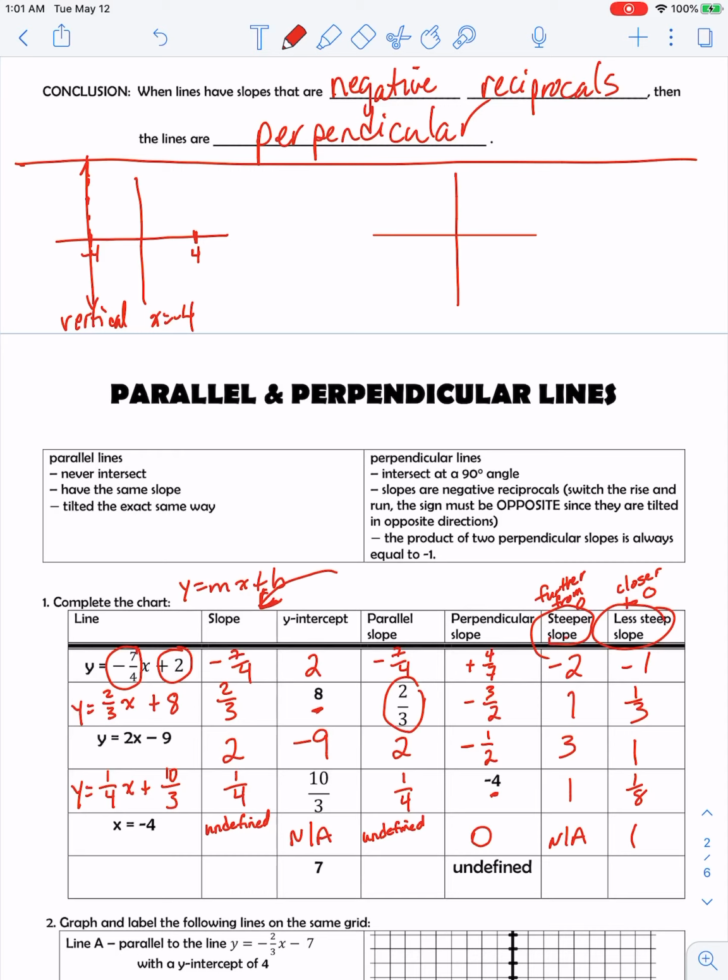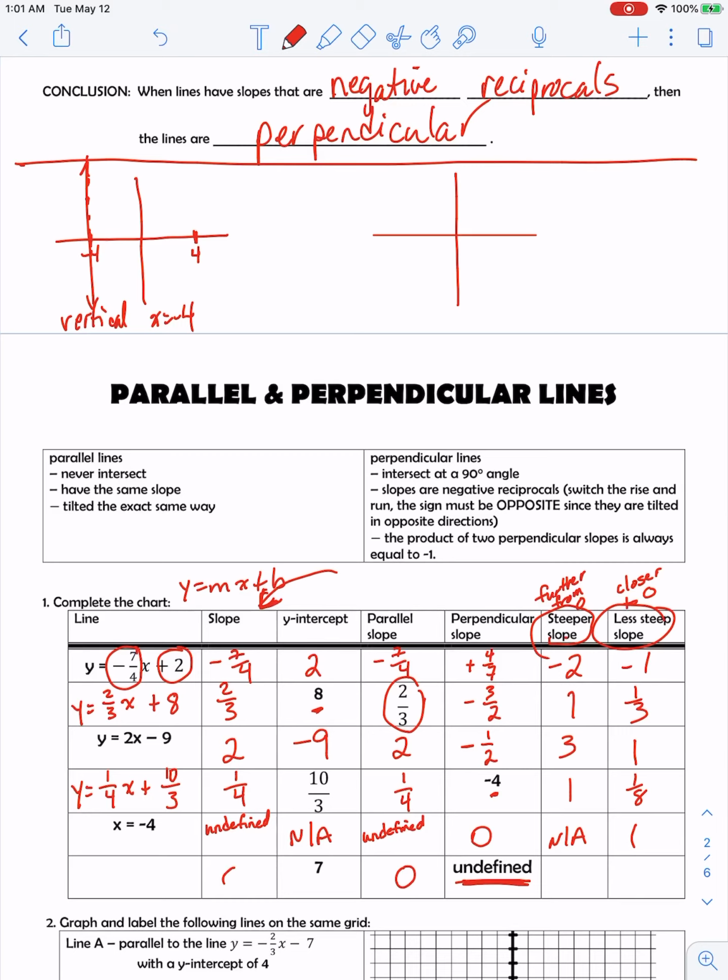Okay? Now, for the next one, the perpendicular slope is undefined. So that's perpendicular to the number that we're looking at, and so it is perpendicular to a horizontal line. So undefined lines and lines with a slope of 0 are perpendicular to each other.